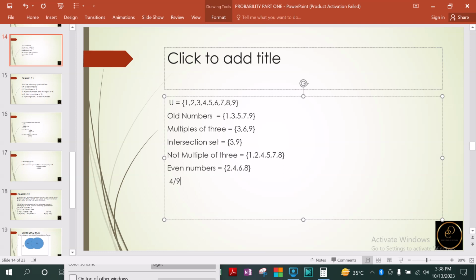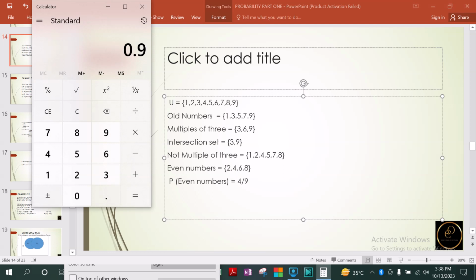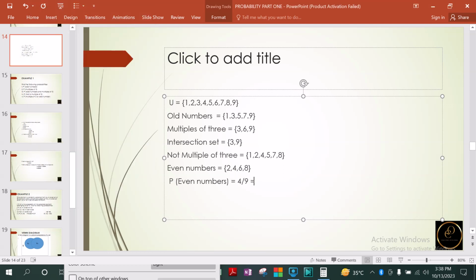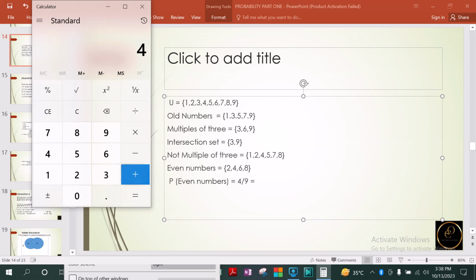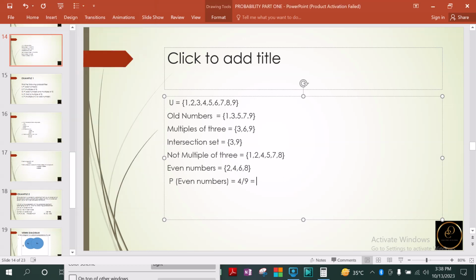Probability of even numbers is equal to the number of even numbers, there are 4, 1, 2, 3, 4, over the total outcomes which is 9. 4 divided by 9 gives you 0.4444.